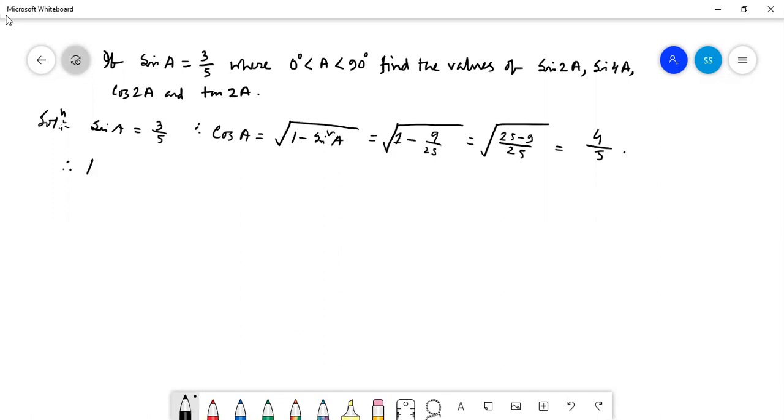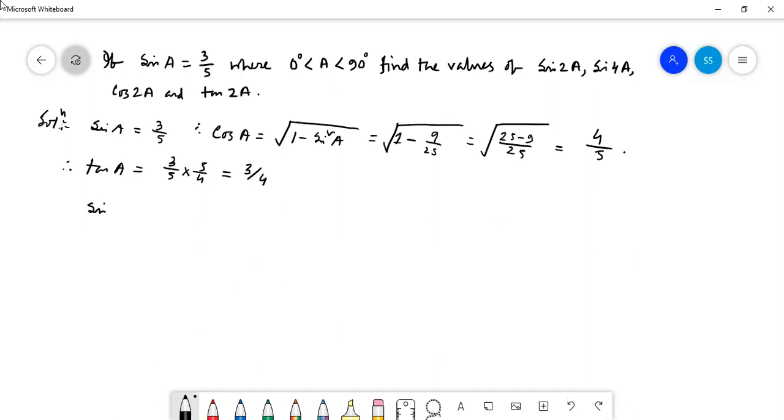So tan A equal to 3 by 5 into 5 by 4. So 3 by 4 is the value of tan A. Now we are going to find out the value of sin 2A.